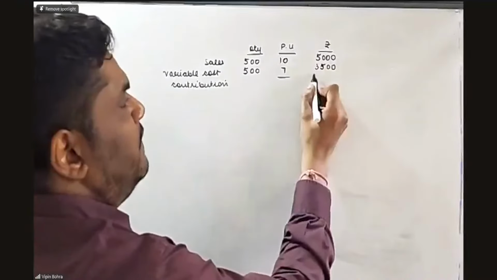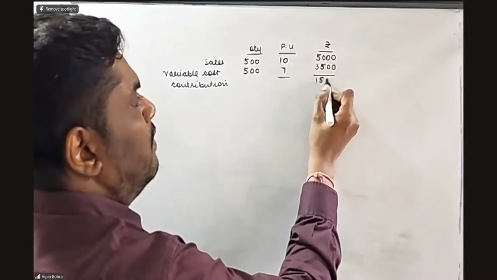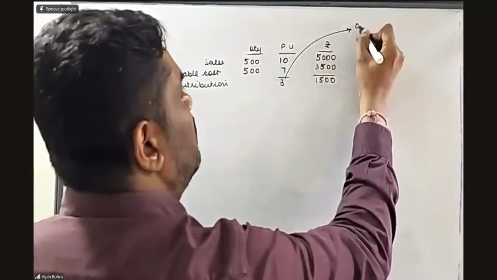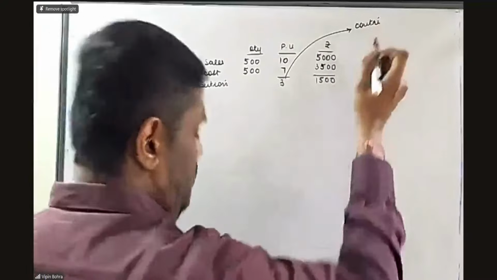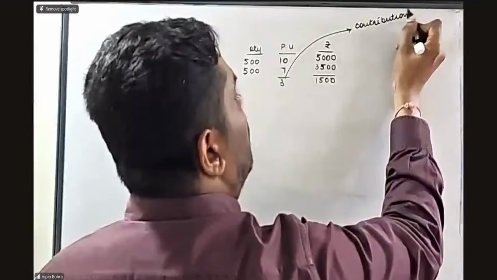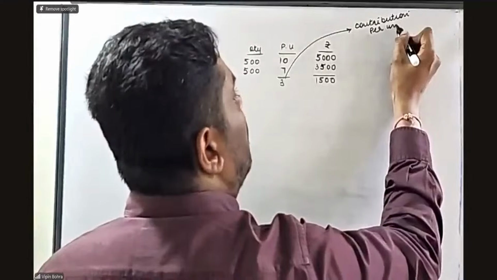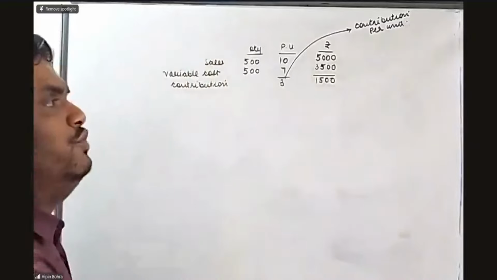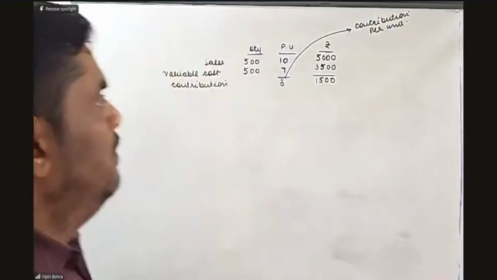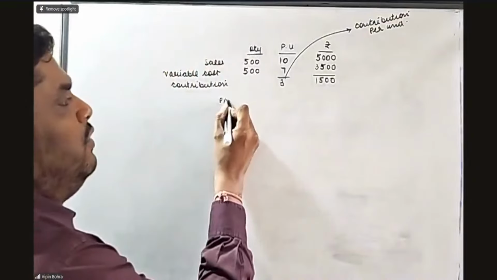My contribution will be how much? 1,500. And contribution per unit is what? How much will be the contribution of each unit? 3. Now herein, what will be my PV ratio?